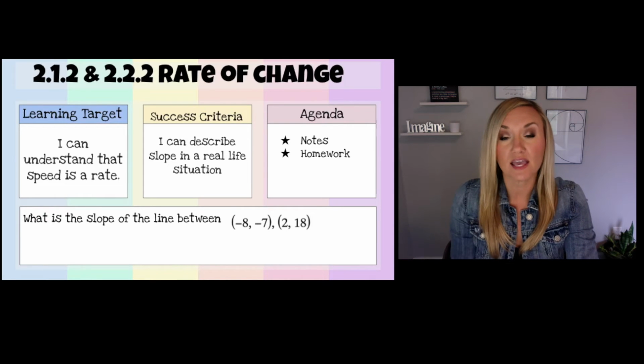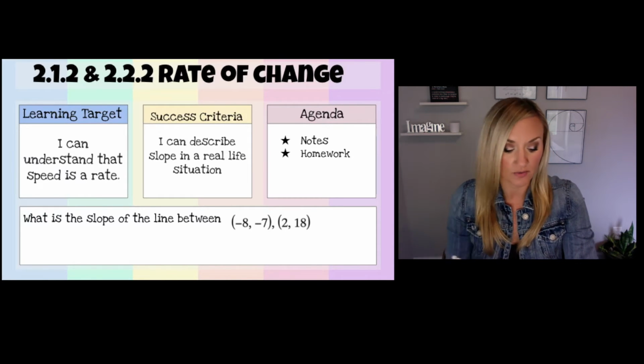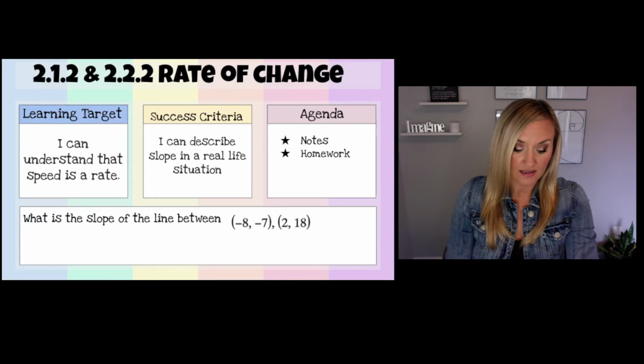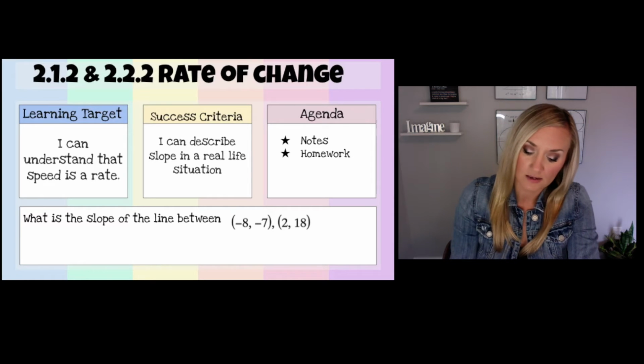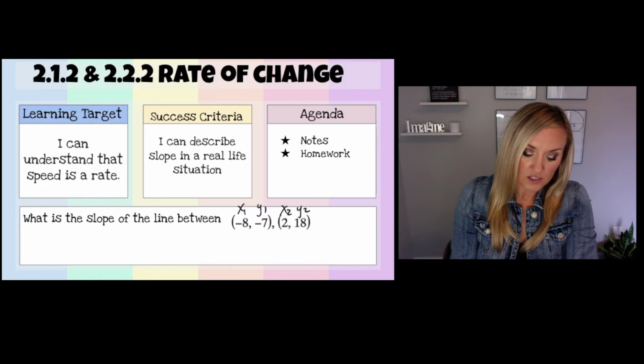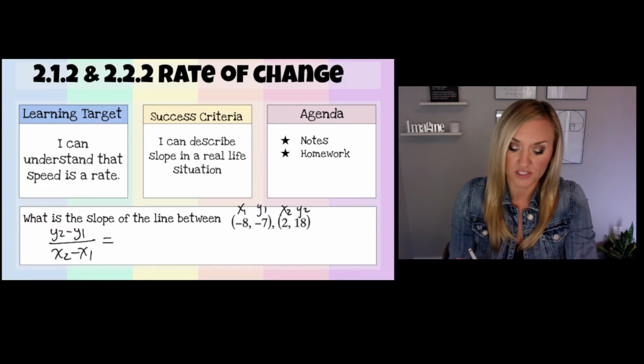So the first thing is, let's practice a skill that we have been practicing already, finding the slope between 2 points. So we have x1, y1, and x2, y2. So y2 minus y1 over x2 minus x1 is our formula for slope.